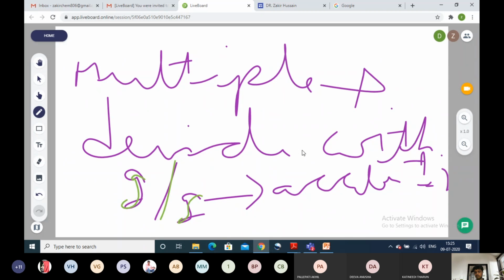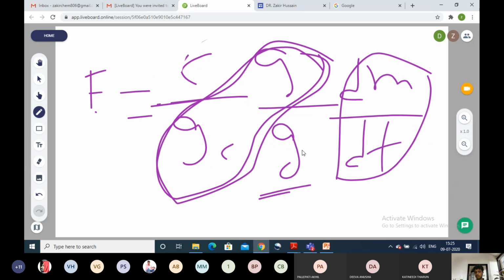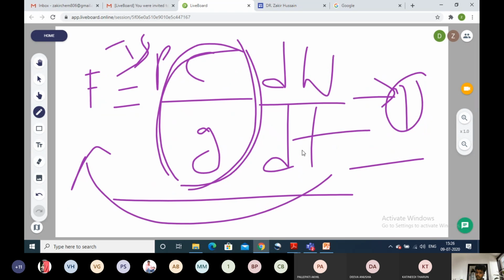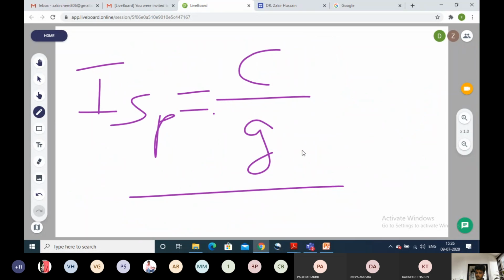In order to convert mass to weight, g by gc into dm is equal to dW. Because of this, we write dW by dt in place of the mass term.